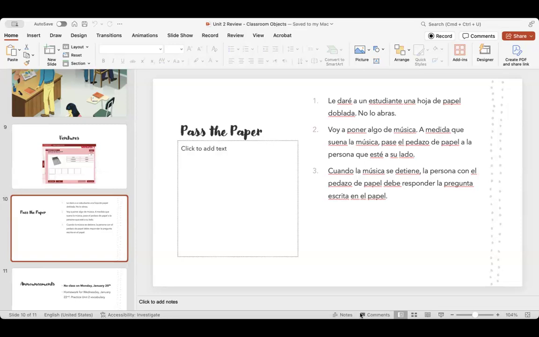Now the paper is being passed from person to person while the music is going. Then when I stopped it, they had to look at what the question was. The person that was holding it when the music stopped had to answer.